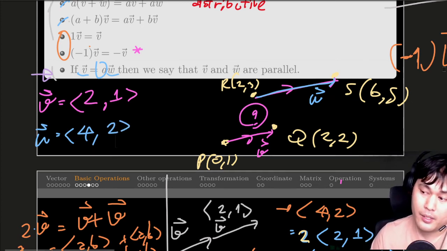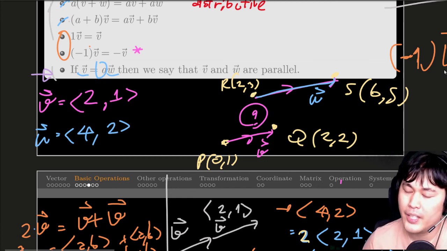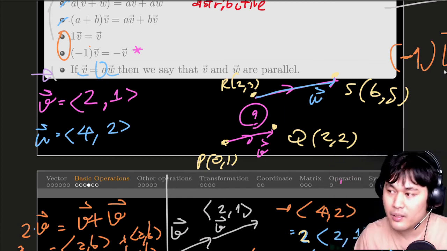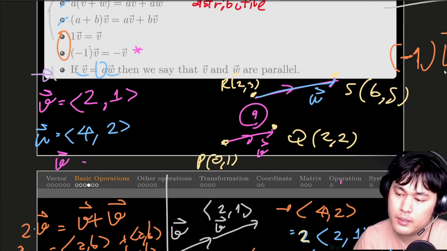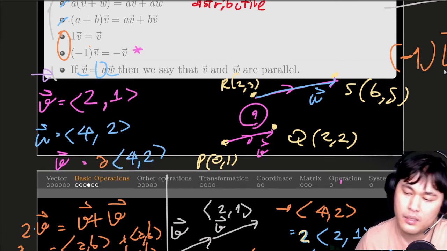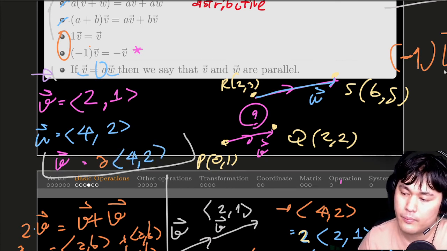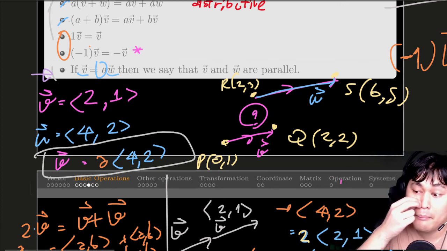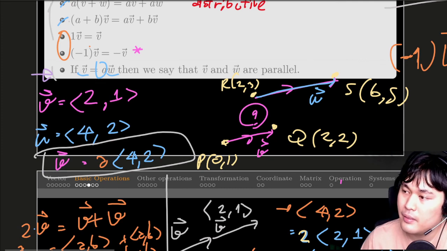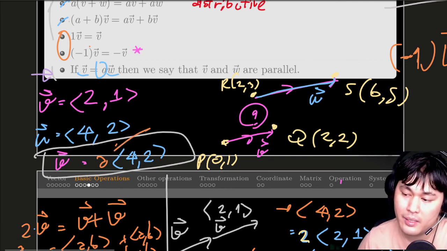To check whether they are parallel, you do not have to measure angles or anything. You just have to find a number a, or any number, such that this equation holds. You do some math, but here it is clear that the number is 2.